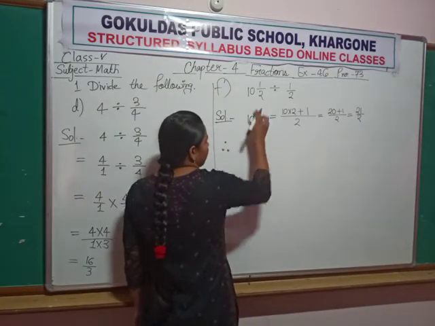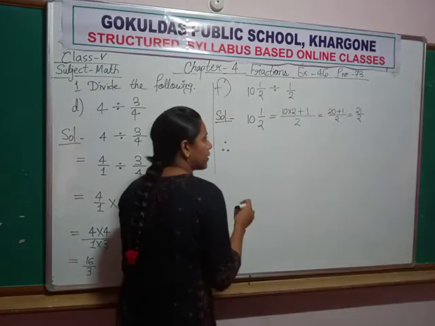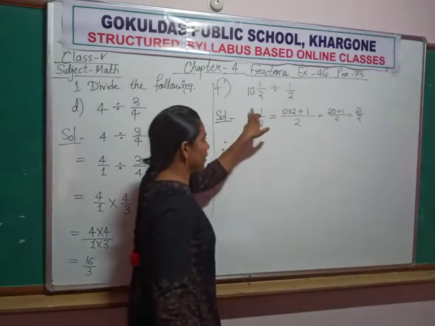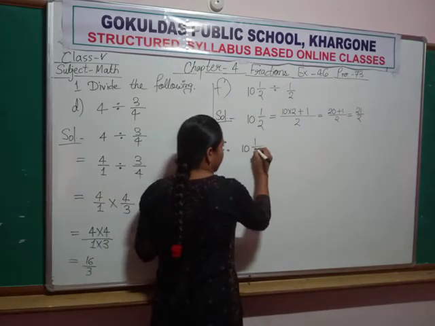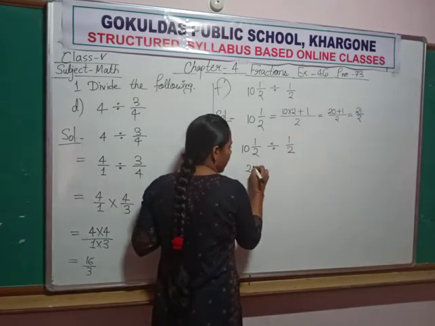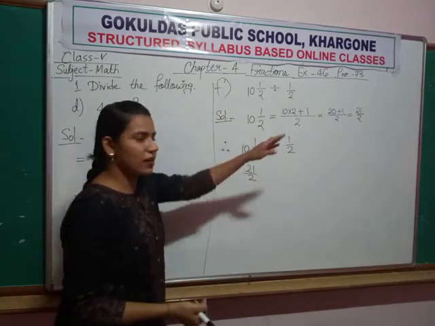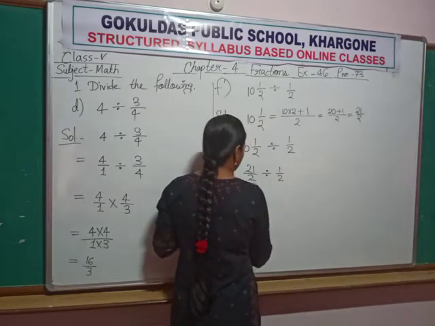Therefore, this 10 and 1 upon 2 divided by 1 upon 2 can be written as 21 upon 2 at the place of 10 and 1 upon 2, right? Why? Because they are equal. Divide by 1 upon 2.